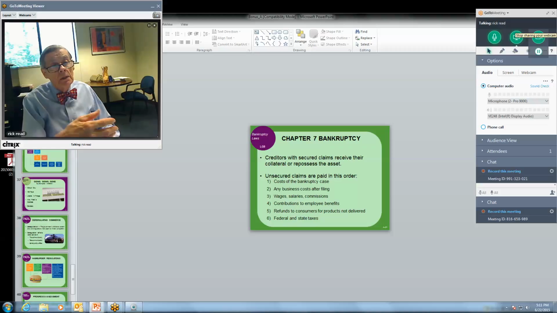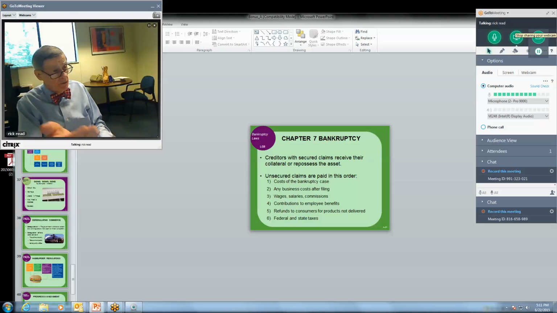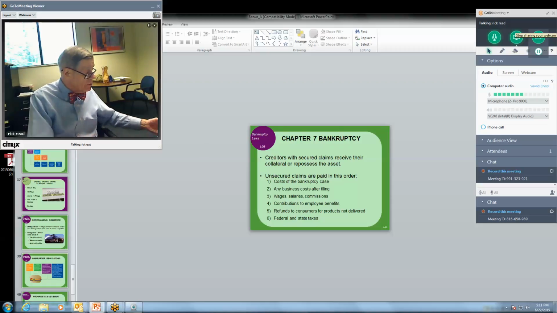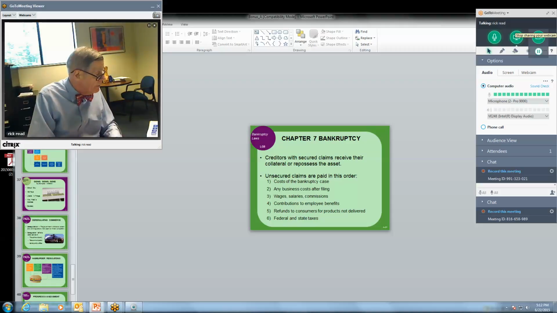Chapter 7, and this is what happens in Chapter 7, and the way that claims are paid out. Now, you can see this in figure A6 on page A16.